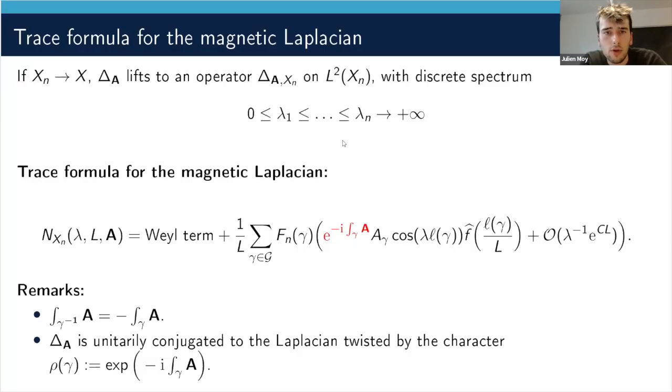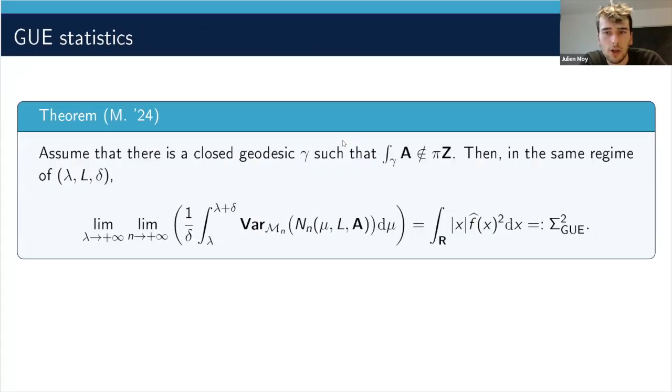Okay, and then what happens when you twist the Laplacian with this magnetic potential? So we make an assumption on the magnetic potential, that is that there is one closed curve, one closed geodesic gamma, such that the integral of the potential over gamma is not an integer multiple of pi.